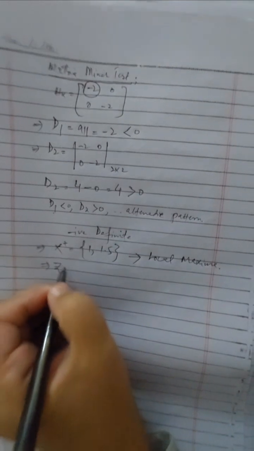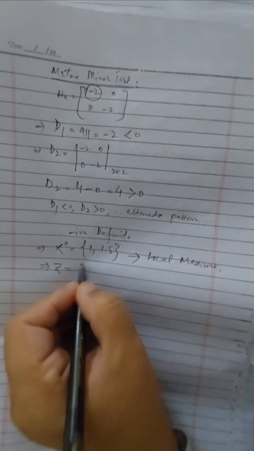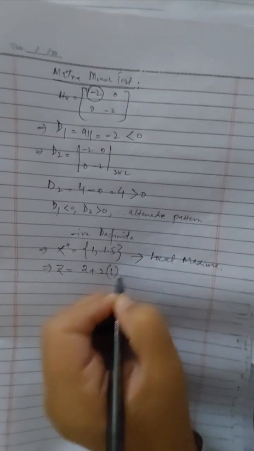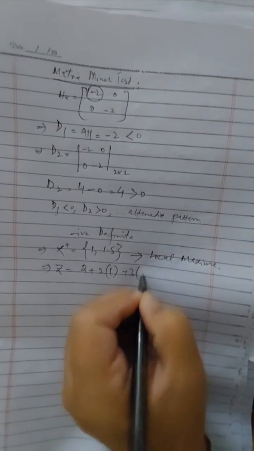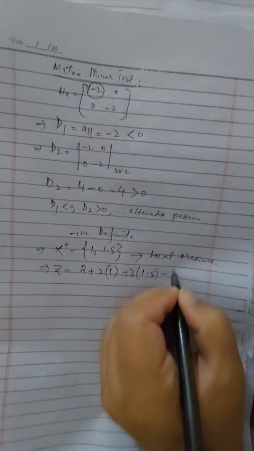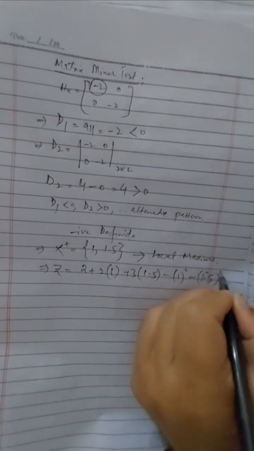The function value, or z value, for this is 2 plus 2 into x1, which is 1, plus 3 into x2, which is 1.5, minus 1 square minus 1.5 square.